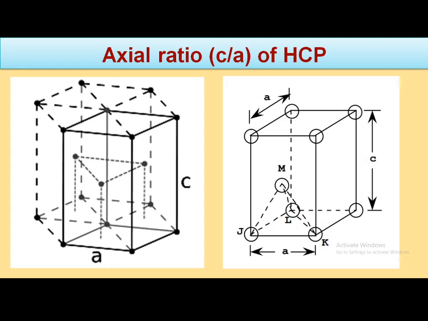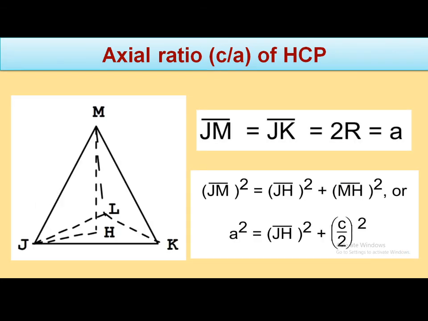Now if you take the inner figure, this triangle JKML, then JM is equal to JK is equal to 2R, which is equal to A. So from this, if you consider this H and take the JMH right angle triangle, then JM square is equal to JH square plus MH square. JM square is A square and MH is half of the height of the hexagon. So it is C by 2, the whole square.